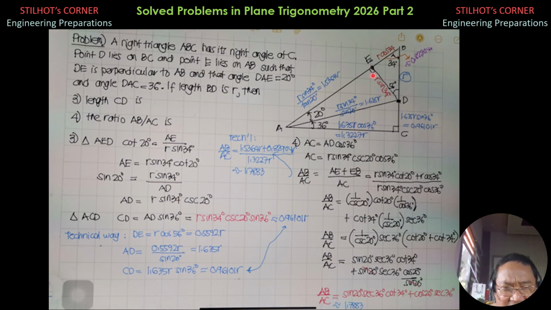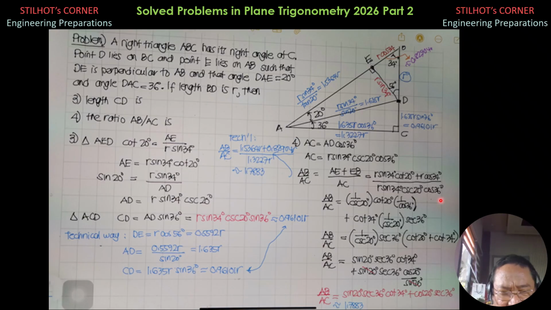We already found AE. It was r sine 34 cotangent 20, which is this, plus this, which is r cosine of 34, divided by AC, which is r sine 34 cosecant 20 degrees cosine of 36 degrees.